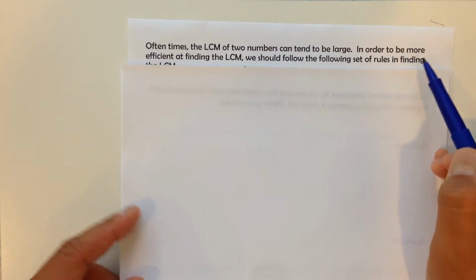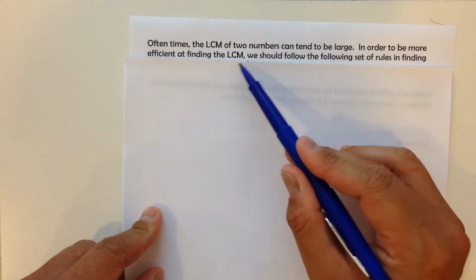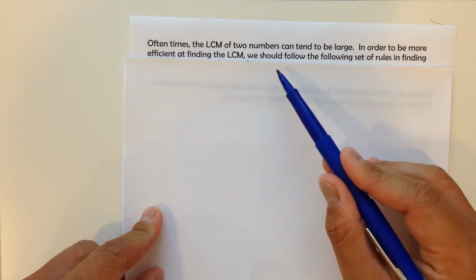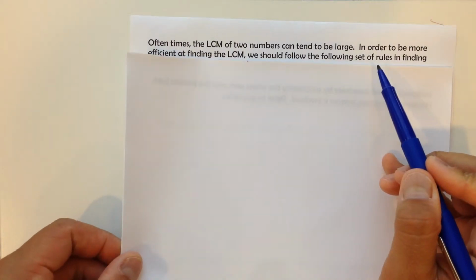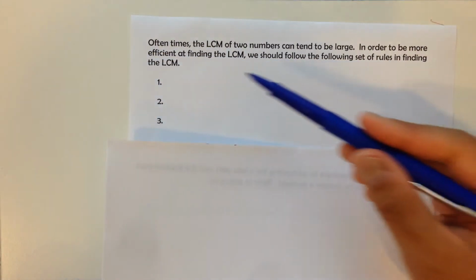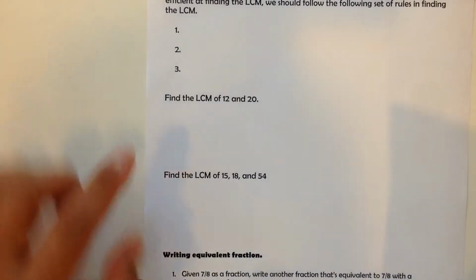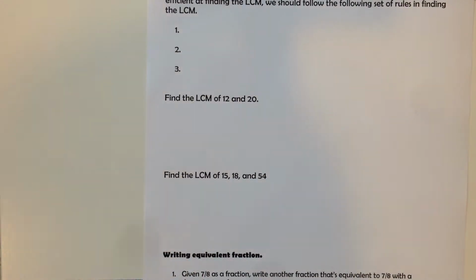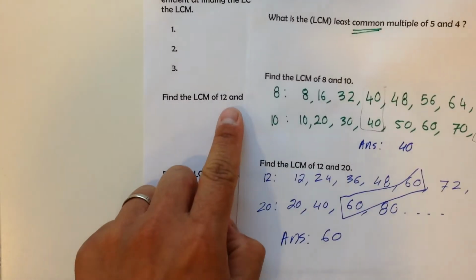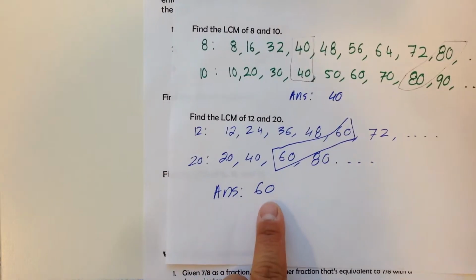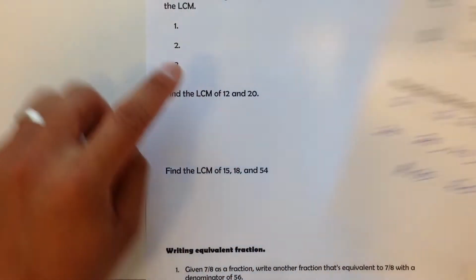In order to be more efficient at finding the least common multiple, go ahead and follow the given set of rules that I'm about to write for you. And then I will walk you through how to solve that same problem, which we knew the answer is 60, by the new method.